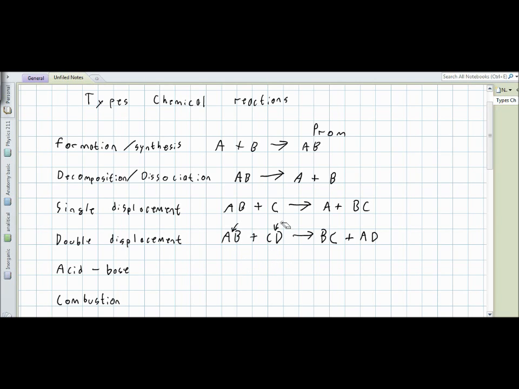And so with that are the 4 basic types of reactions, and now a little bit on acid-base and combustion. This one, sadly, I'm not going to be able to relate to prom, because these are more specialty types of reactions. So an acid-base reaction is a special type of displacement reaction where you will have HA, where H is a hydrogen ion and A is a general form for an acid.